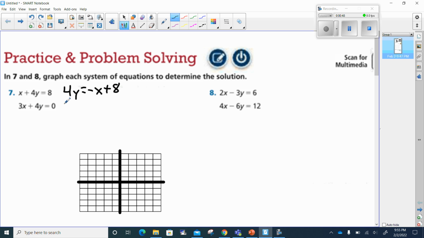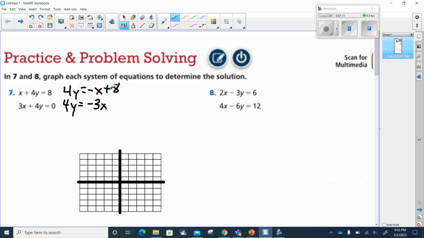Let's bring this over here. This would be 4y equals negative 3x, and then I guess plus 0. Don't really need to put that.